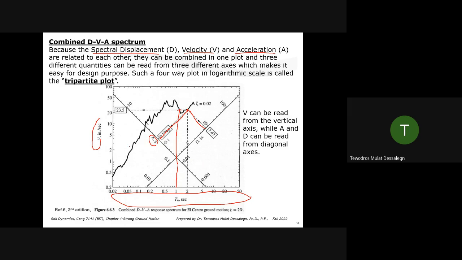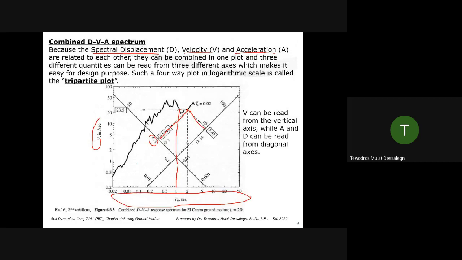Sometimes they provide it individually, spectral acceleration, spectral velocity, spectral displacement, and most commonly you will see it all together in a tripartite plot. So just start from your period, go to the chart, then go perpendicular to those axes and get your value. This is the beauty, because acceleration, displacement, velocity, they have a linear relationship. This is how you can put it together for design purposes.